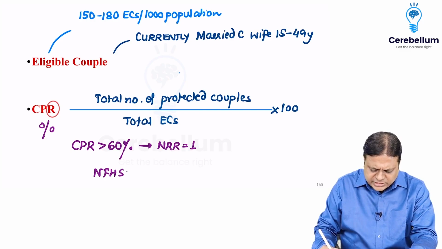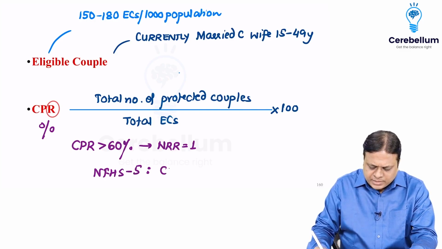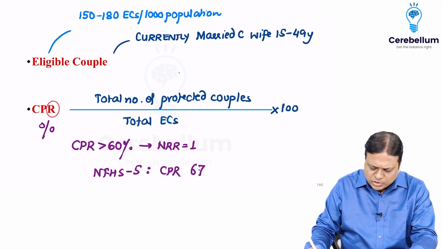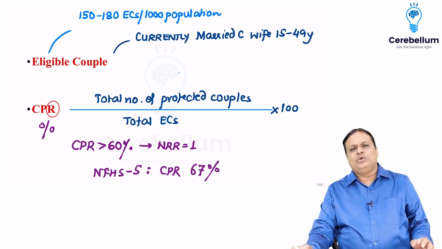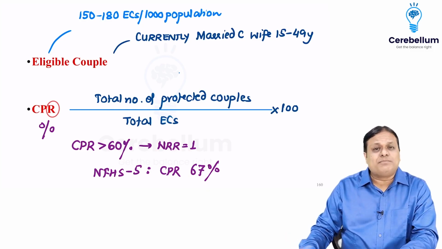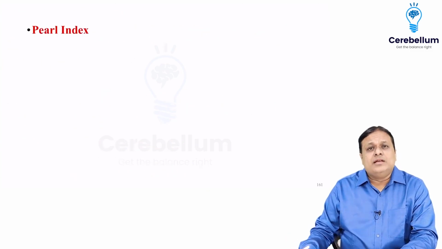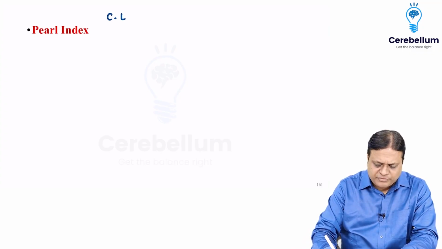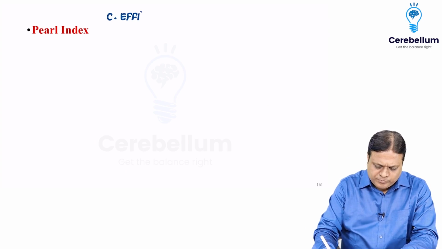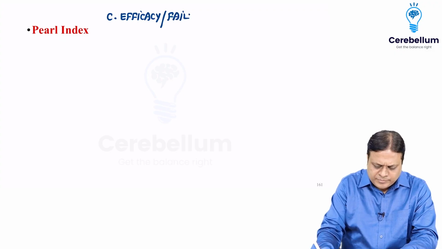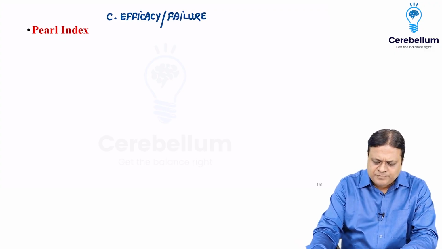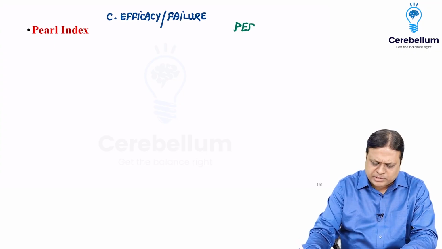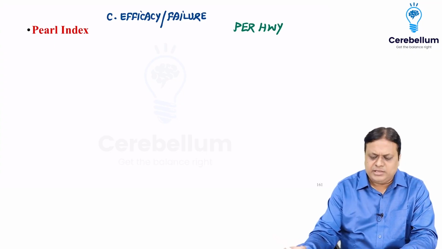According to the latest NFHS 5 data, couple protection rate of India, the contraceptive prevalence rate they have calculated, is more than 67% currently. Pearl index is used to measure contraceptive efficacy, or you can say contraceptive failure rate. How do we express it? It is expressed per 100 women years.